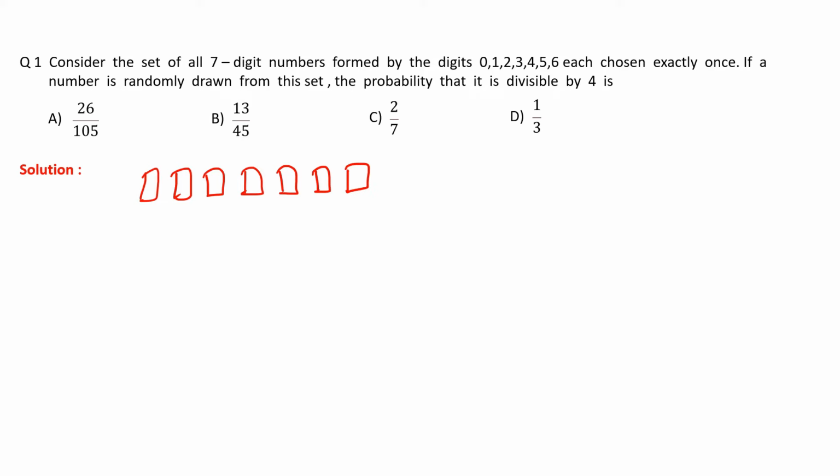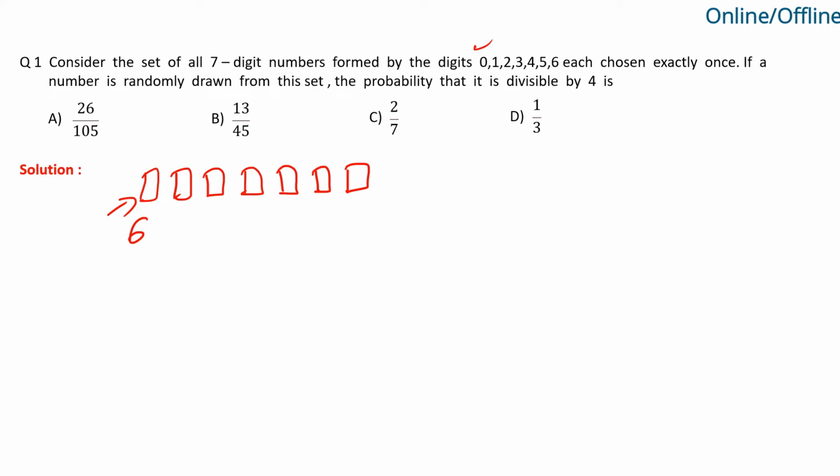One thing we have to keep in mind is that since one of the digits is 0, the first place cannot contain 0, because otherwise it will become a 6-digit number. So this particular place can only be filled in 6 ways. Why 6? Because you can fill it by any digit from 1, 2, 3, 4, 5, 6. But you cannot place 0 over here.